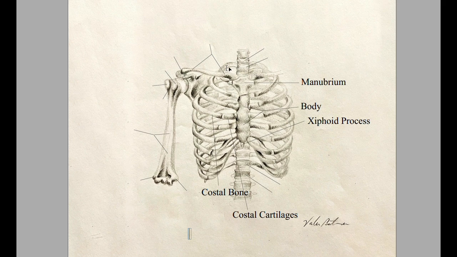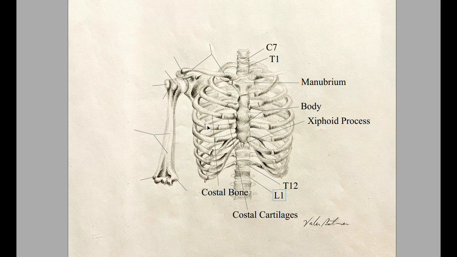You can see that this one is where the first rib is articulating, so that one must be vertebra T1, and the one directly above it must be vertebra C7. Likewise, down here, the last rib is articulating with this vertebra, so that must be T12, and this one down here must be L1. Okay, so we got that.